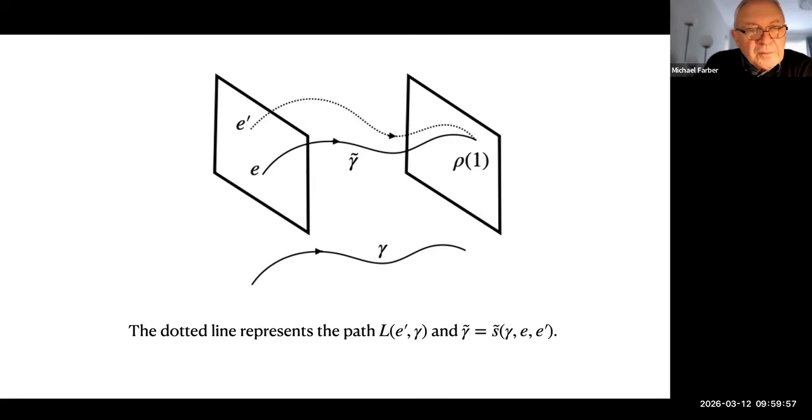So let's look at this picture. I'm sorry, my cursor is not working. I don't know why. What happened?